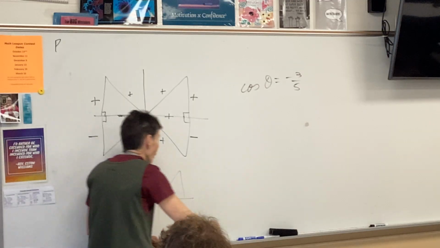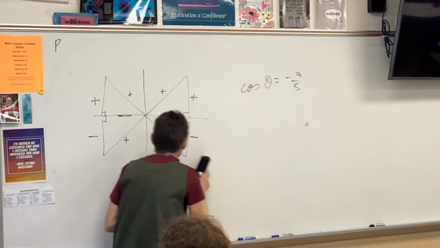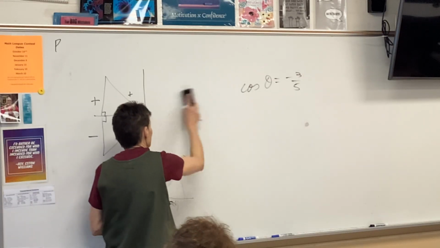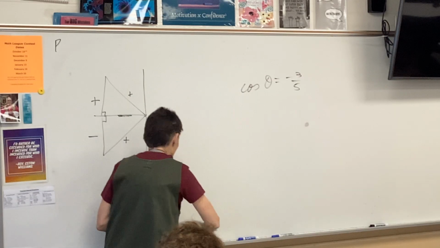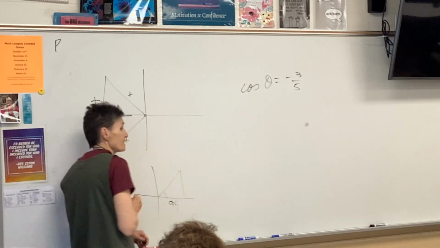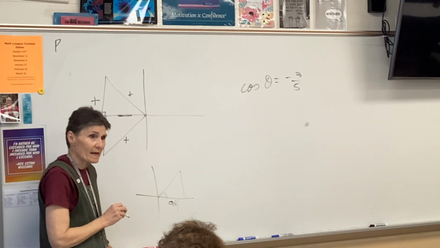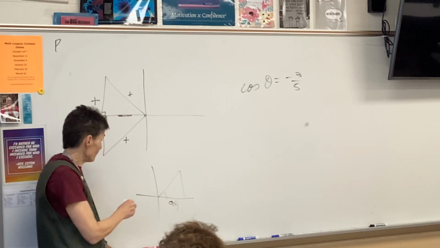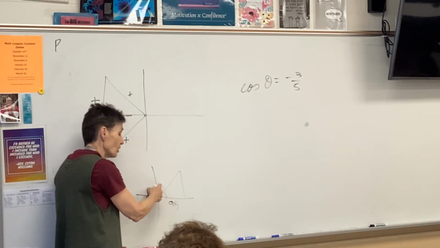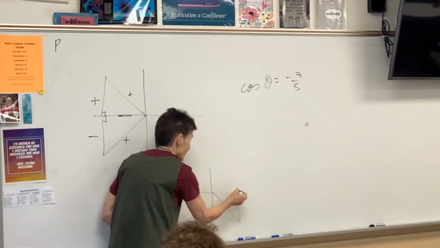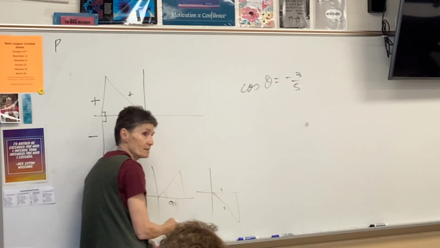So I have already narrowed it down. It has to be either quadrant 3 or 4, because that is the only way that the cosine will be negative. If you draw that triangle, the cosine will be positive. If you draw this triangle, the cosine will be positive.